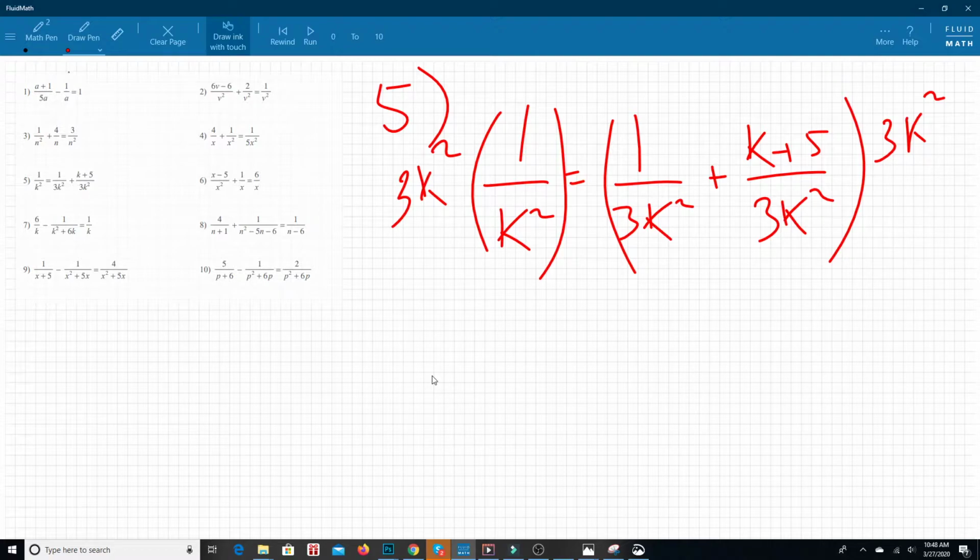Alright, so now let's do this. I'm going to cancel out the k squared on this side right here. Then I'll be left with 3 on my left hand side equals 1 plus k plus 5.